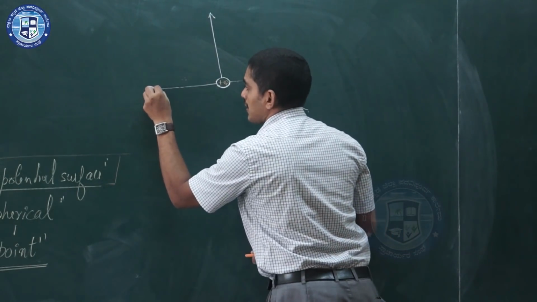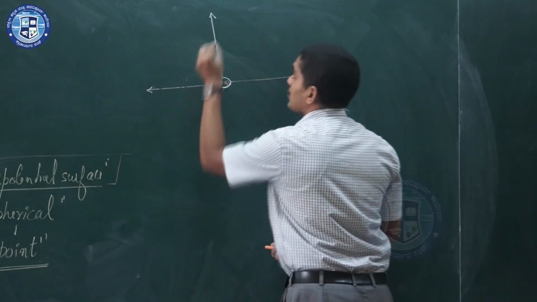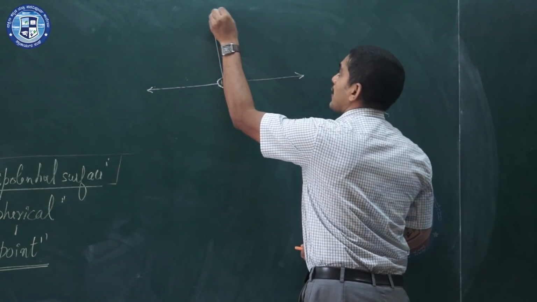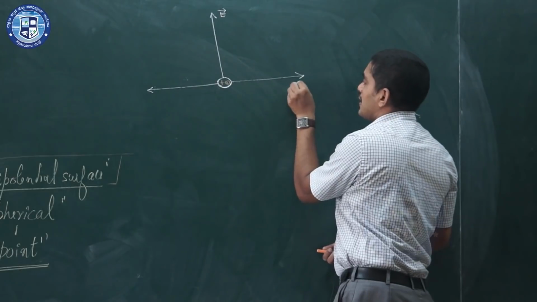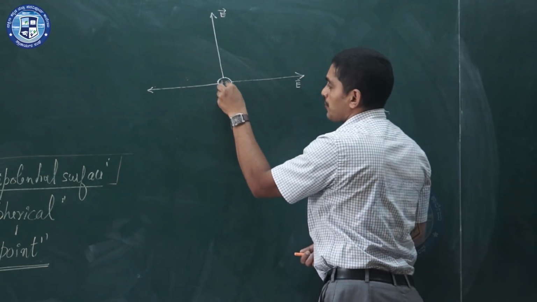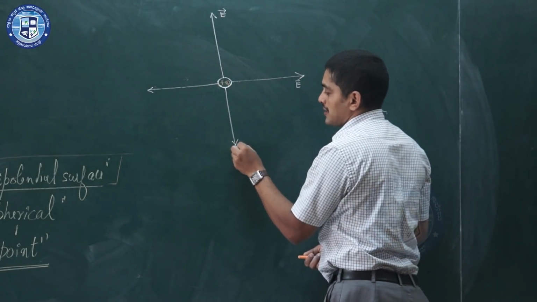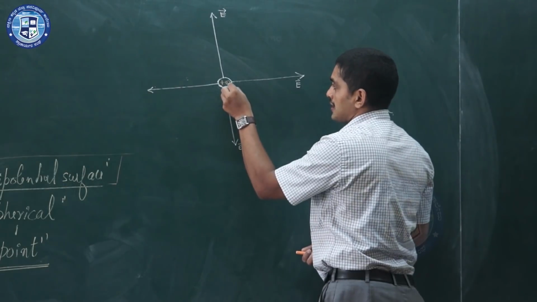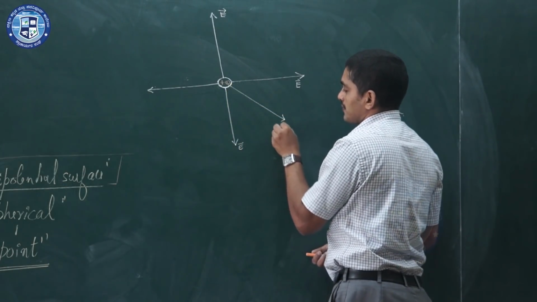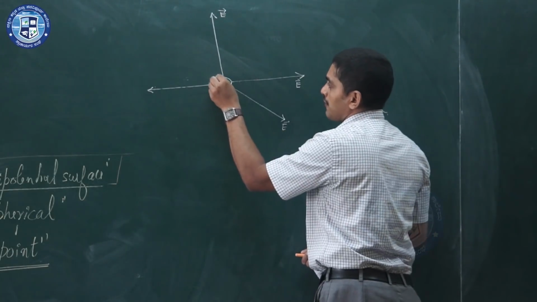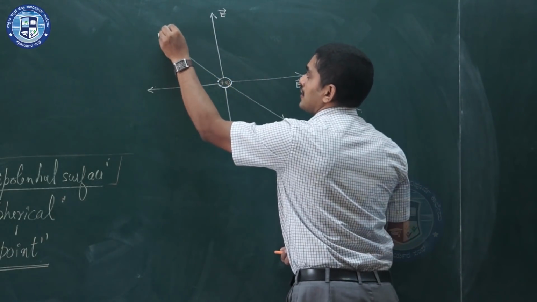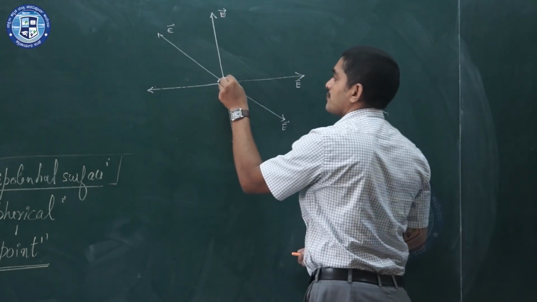It's an imaginary representation to show the direction of the electric field. So the electric field due to an isolated positive charge diverges radially outward.